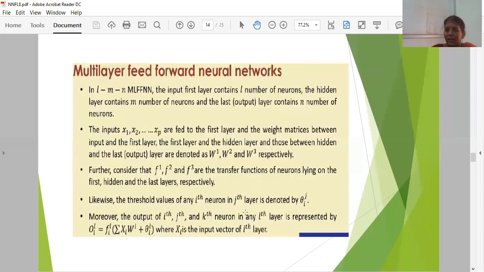So similarly, your output is represented in this fashion: O_iL. For the hidden layer, the output of a particular ith neuron is indicated as f_iL of summation x_L w_L plus theta_iL, where x_L is the input neuron of the hidden layer. Similarly, you can represent for all the n output neurons.